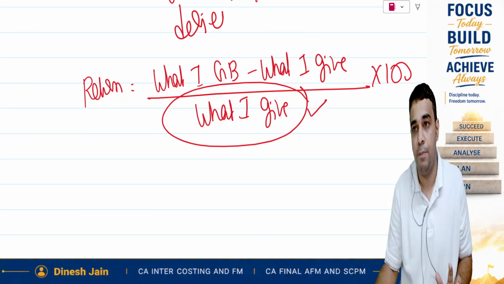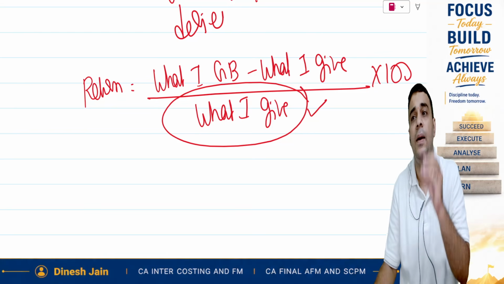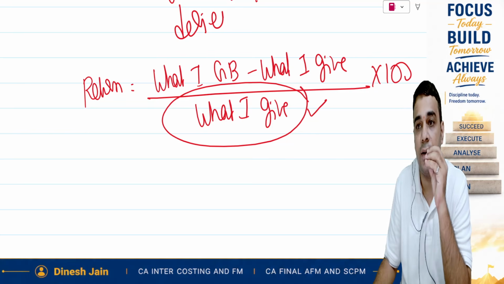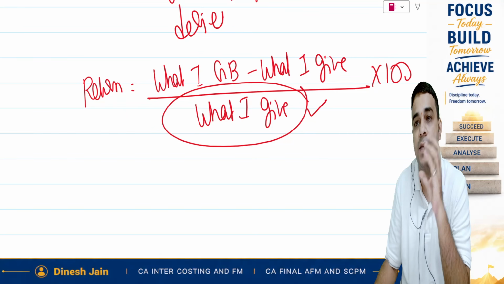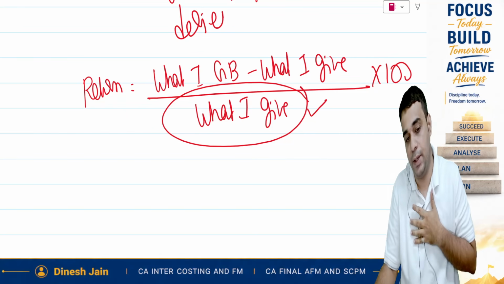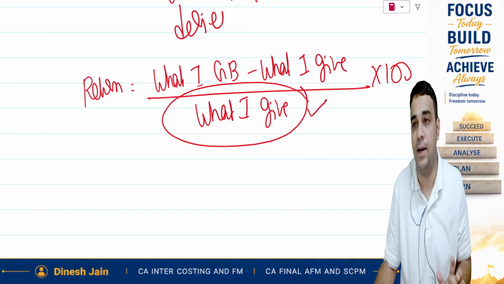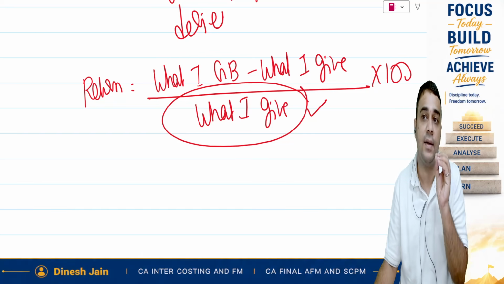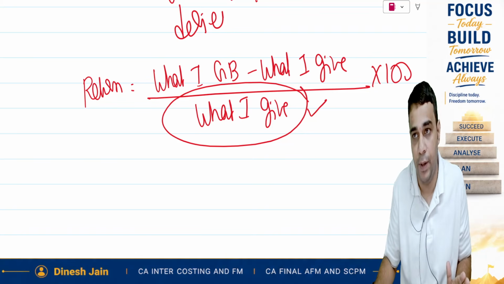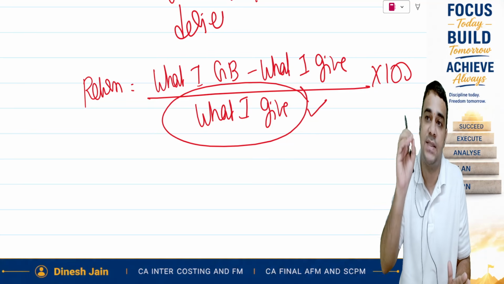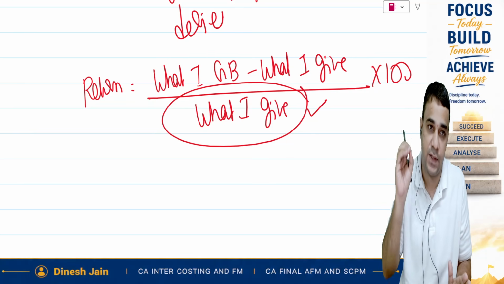Generally, people understand returns as a percentage. They don't understand returns as an absolute rupee. For example, if I create a fixed deposit in the bank, I will ask what interest are you going to pay? And the bank will say we will pay 7%, 5%, 6%, 8%.